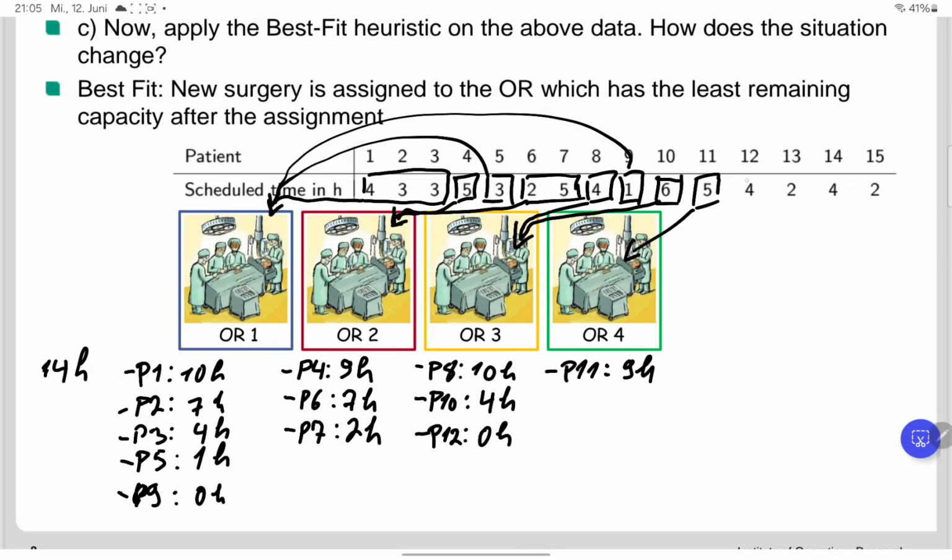Okay, so the next one is assigned to the third operating room.